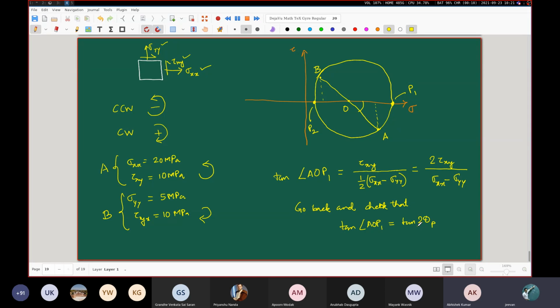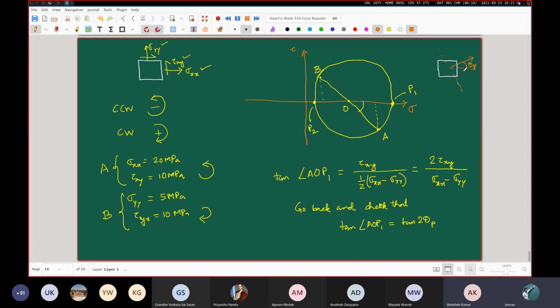Now one important point which I want to highlight here is that had you taken this point not in this bottom half, rather on the upper half, then the sense of rotation would have been clockwise. What I'm trying to say here is this: earlier when we wanted to find out the plane on which the principal stresses were occurring, we took a plane like this, which was oriented to the x-axis by this angle.